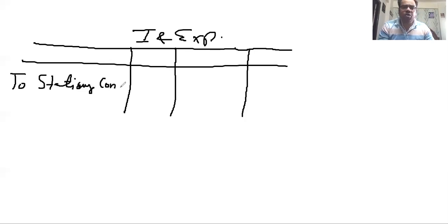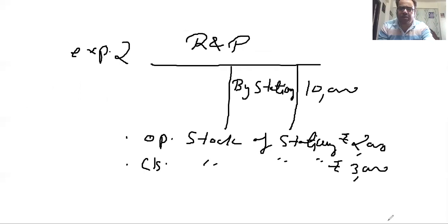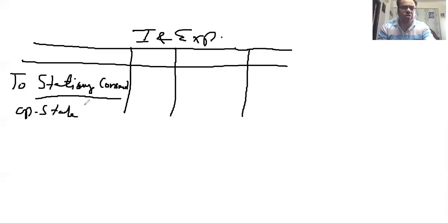Because now opening and closing stock is also maintained. So how much is the opening stock? Let me check. Opening stock was 2,000 and closing stock is 3,000. So the opening stock is 2,000 rupees.